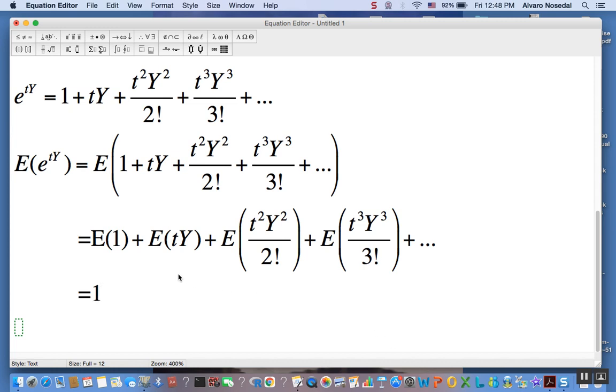Now, remember that the random variable is y. So we have something that, from that perspective, t could be considered as a constant, meaning that it is not the random variable, right? So you have t times the expected value of y.